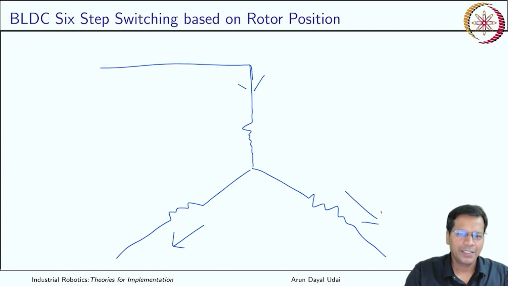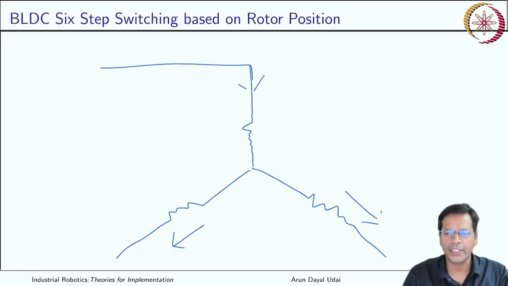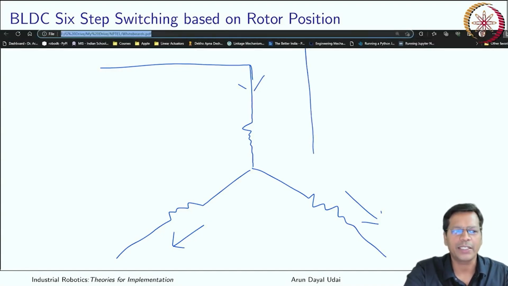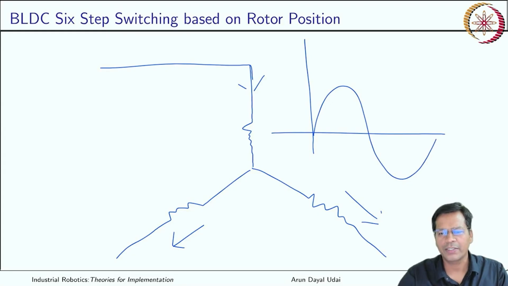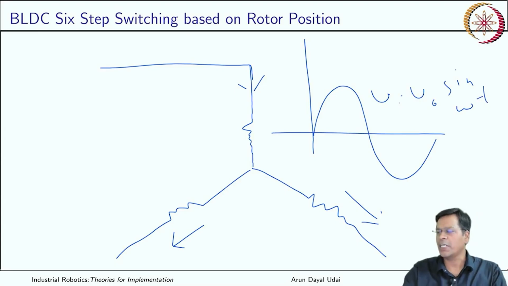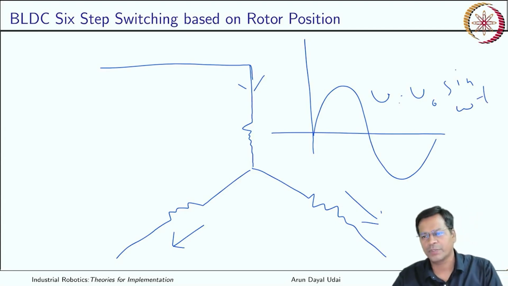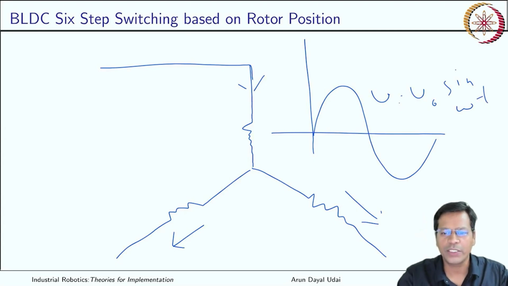So normally in a star winding, you have connections which can create something like this. If one of them is sinusoidal like this, with V equal to V0 sine omega t, what could the other one be? The other one is V0 sine omega t plus 120 degree.